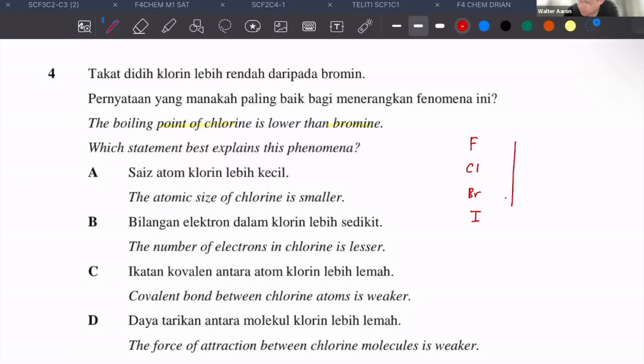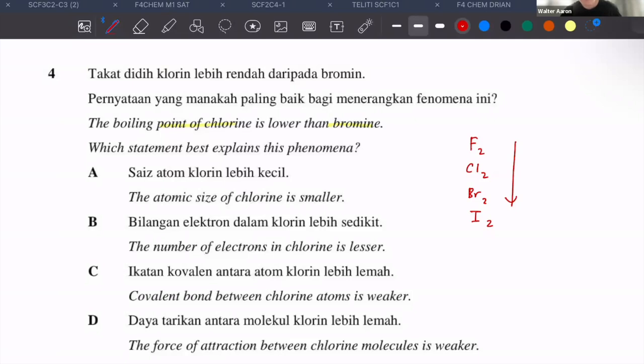Going down the group, the atomic size of the elements will increase. So if you talk about the size of the molecule, F2, Cl2, Br2, I2, the size of the molecule becomes bigger and bigger, because the atomic size increases. When the molecule becomes larger, the van der Waals forces between the particles will increase in strength.